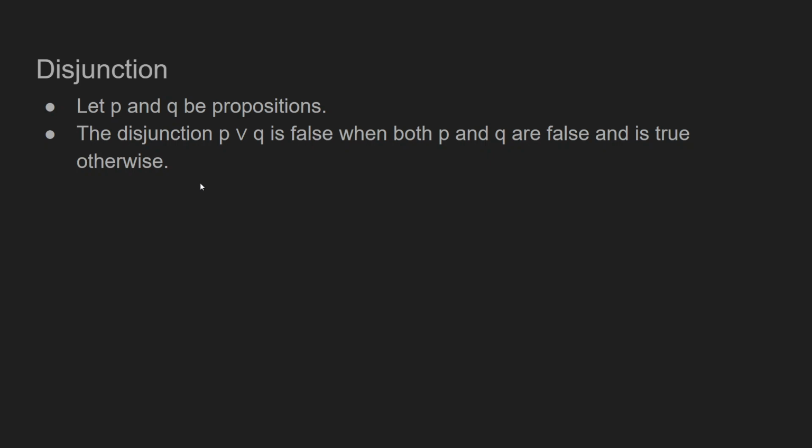That means if only one of P or Q is true, or if we simplify this, at least one of P and Q should be true, which means both can be true. What is the exception? Both P and Q false. Then P or Q becomes false. Otherwise, it will remain true.